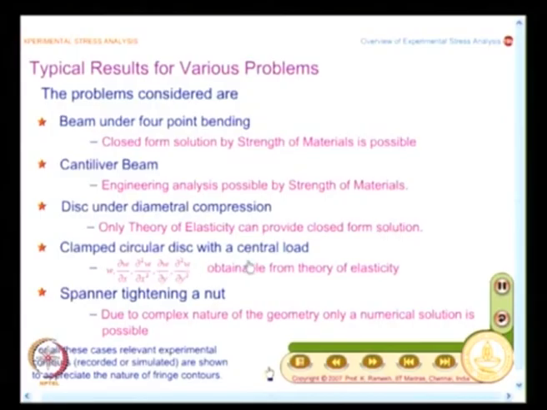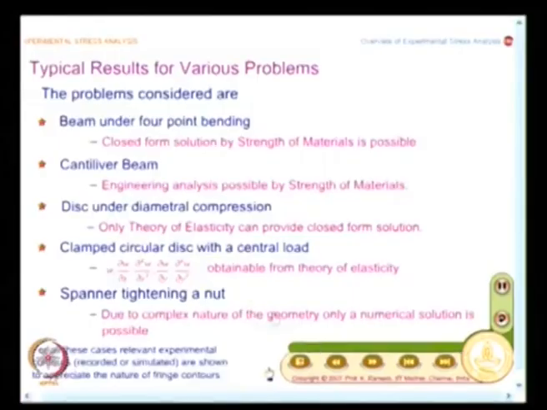And for the clamped circular disc, you could find out the displacement, slope and curvature from a study of theory of elasticity, theory of plates. And finally, spanner tightening a nut, we have seen earlier that it is a down to earth problem. Surprisingly, you can't solve it by analytical methods, you have to solve it either by numerical or by experimental methods alone.